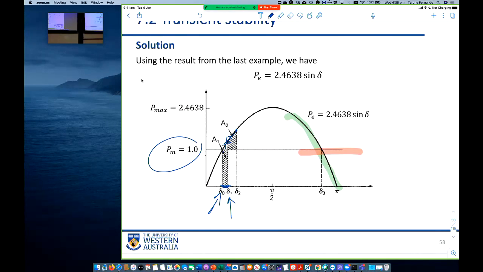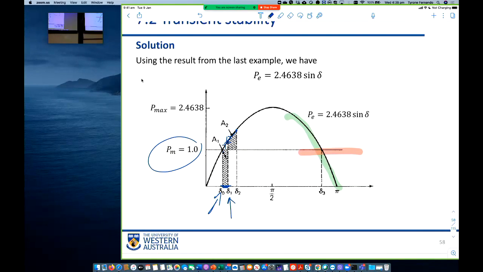So if you know it's going to be cleared in 3 cycles, and you know delta naught, and you know how much time each cycle is, so we know the speed.